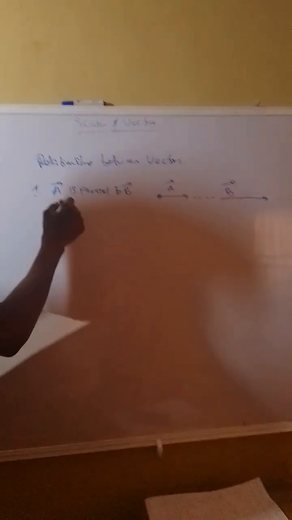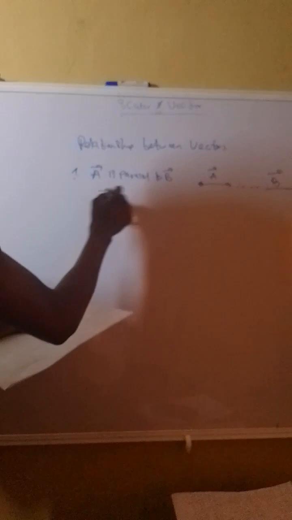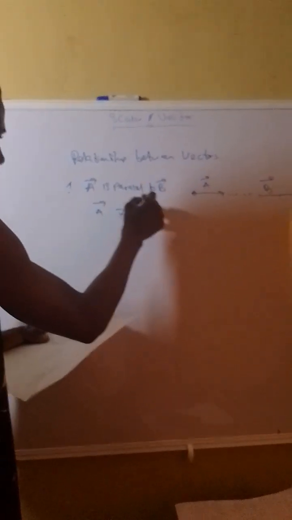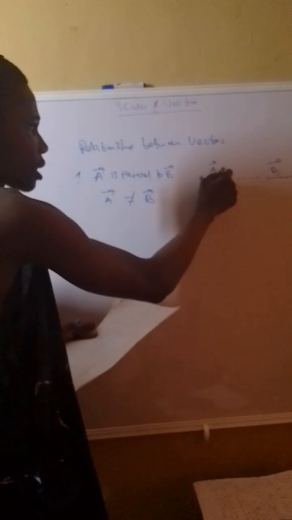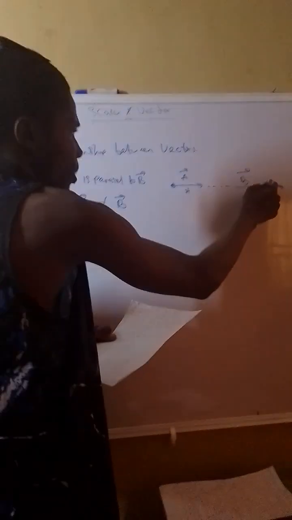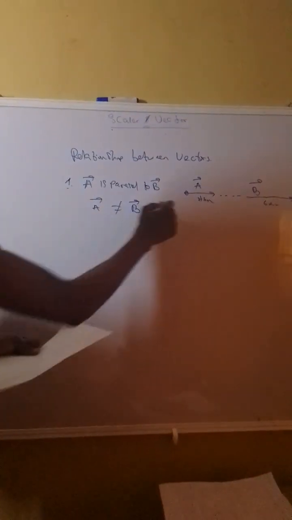They are parallel, right? But vector A can't be equal to vector B. Why is that? If this distance is 4 kilometers, automatically this might be more than 4 kilometers, let's say 6 kilometers. So therefore the distance, A, cannot be equal to B.